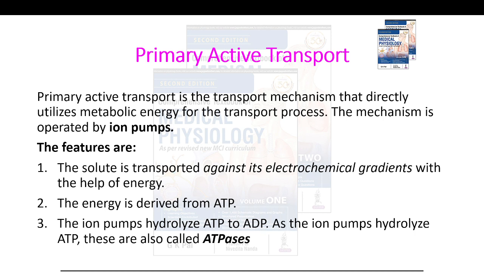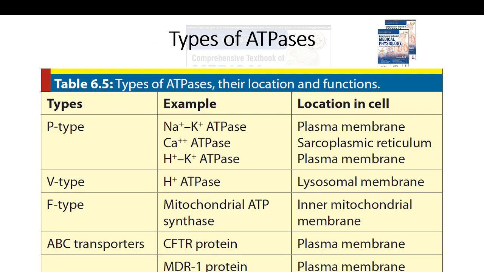The pumps hydrolyze ATP to ADP, so they are called ATPases. The types of ATPases are the P type, the V type, the F type, etc. Examples are sodium potassium ATPase, calcium ATPase, and hydrogen potassium ATPase, which are located on the plasma membrane, the sarcoplasmic reticulum, etc.